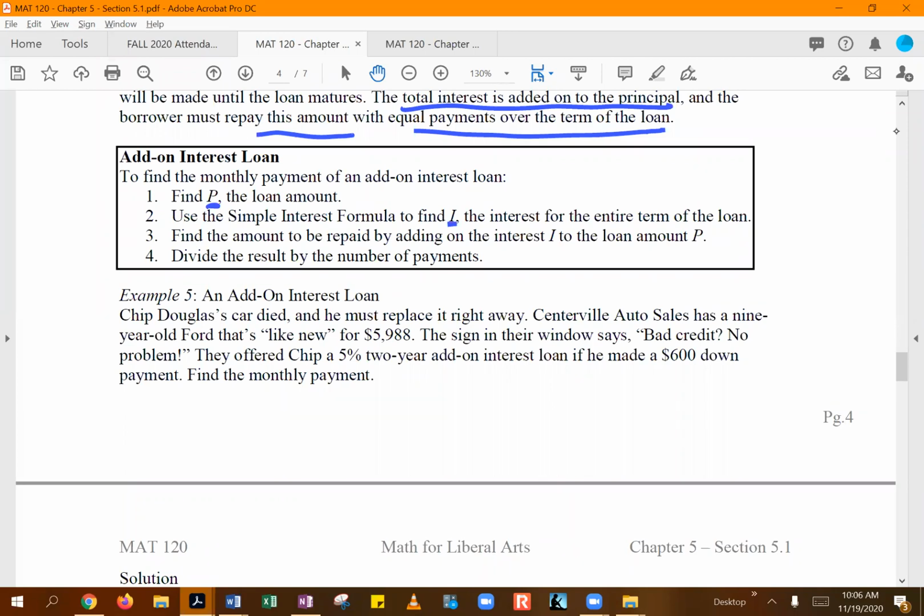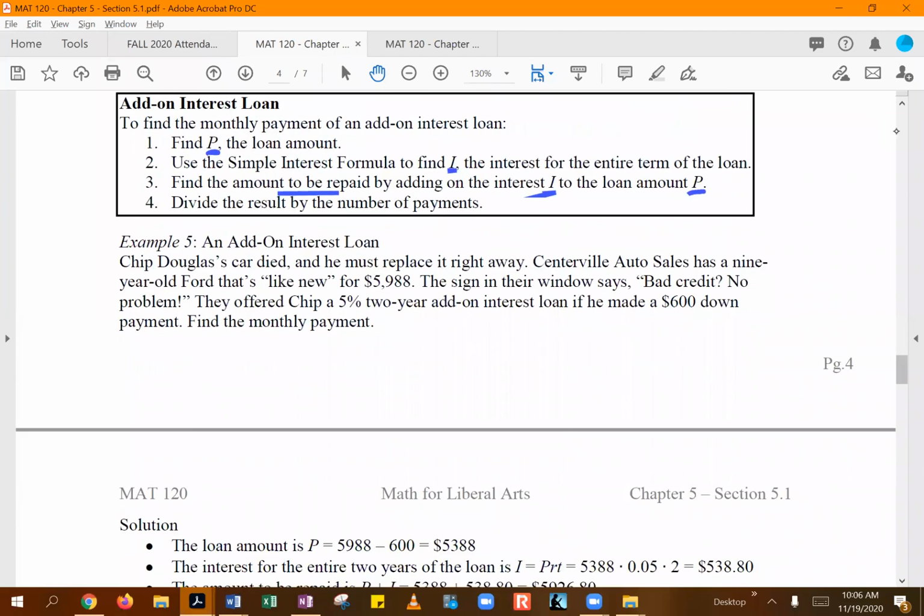Then we find the amount that has to be repaid, which is your principal, the loan amount, added to the amount of interest you have, and then you divide by the total number of payments that we will be making.